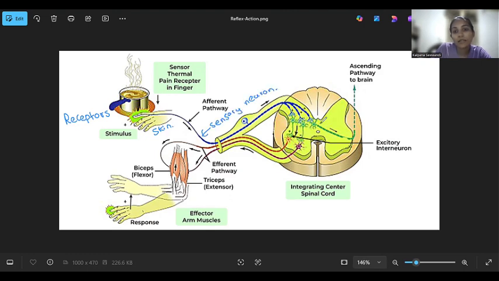The sensory neuron gives that impulse to the interneuron, which is short and in the CNS, the central nervous system. From the interneuron, the impulse is transmitted to the motor neuron. After that, it comes to the effectors, basically muscles. Then we pull away from the hot plate. That is what happens in the reflex arc.